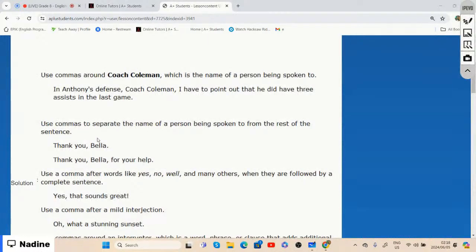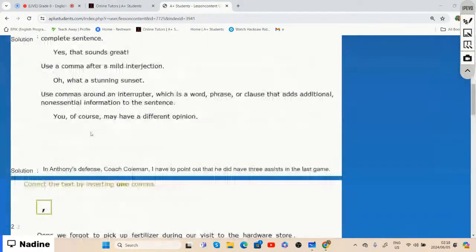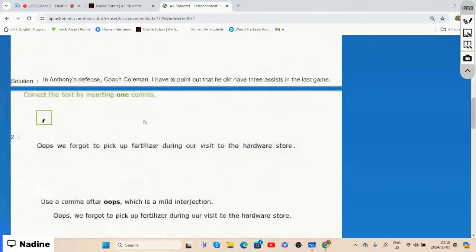We need to correct the text by inserting one comma. It says, oops, we forgot to pick up fertilizer during our visit to the hardware store. So now we need to insert one comma within that sentence.